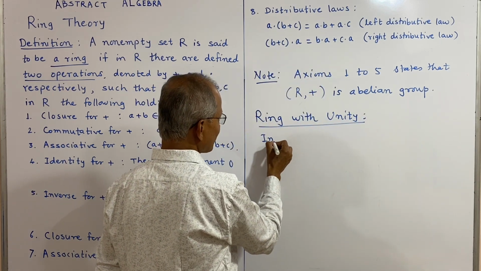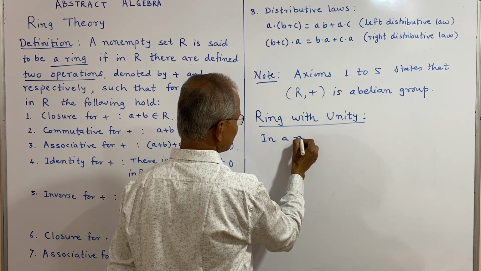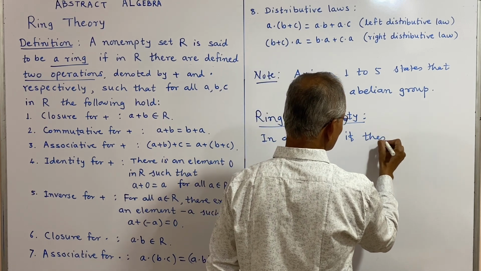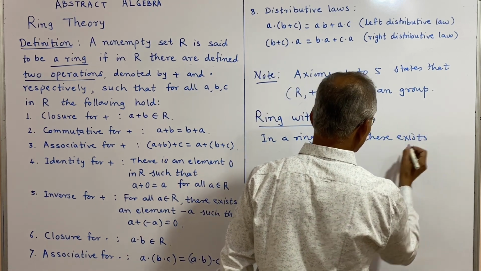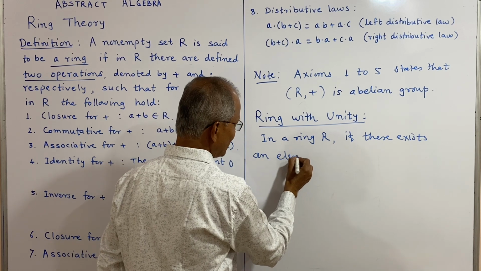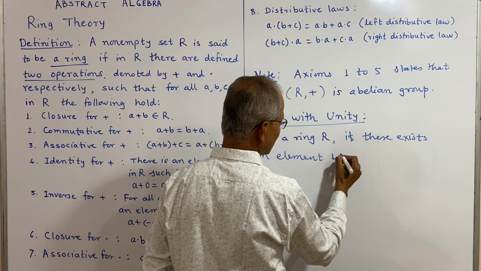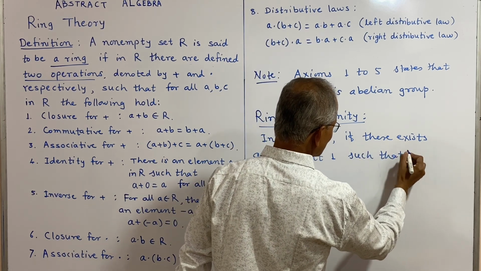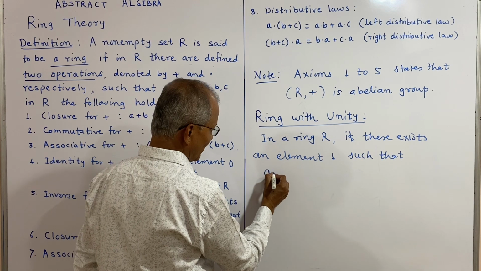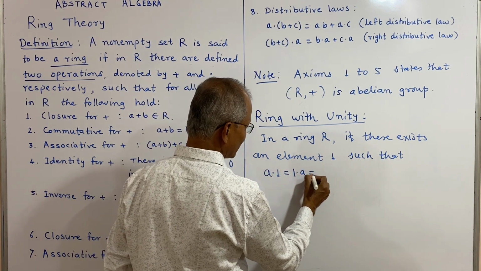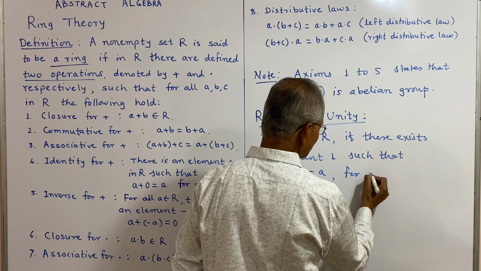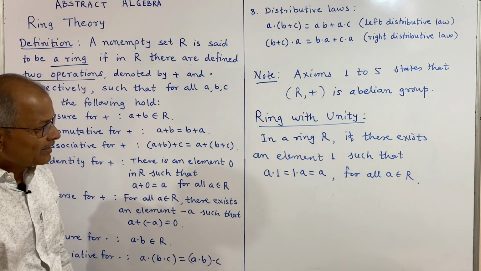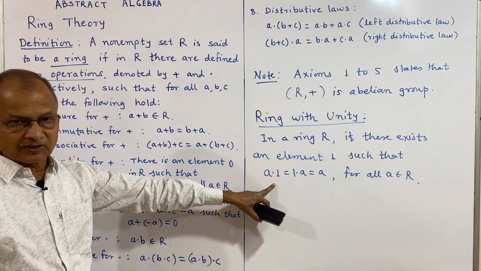In a ring R, if there exists an element 1 such that A dot 1 is equal to 1 dot A is equal to A for all A belongs to R, then 1 is called the unit element with respect to multiplication.